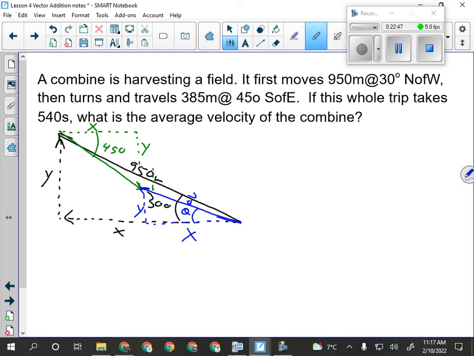Now actually, you know what? I got to change this because I messed the length up. Remember how important I said scale was? I made this just way too long. I drew it the right direction, but I made it way too long. Should probably be more like there.